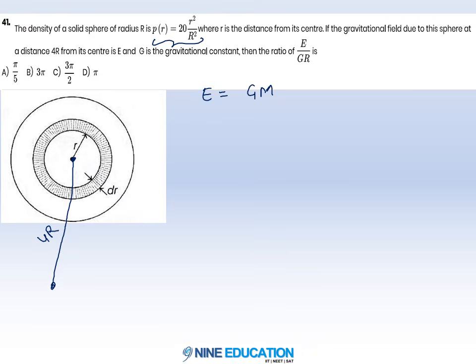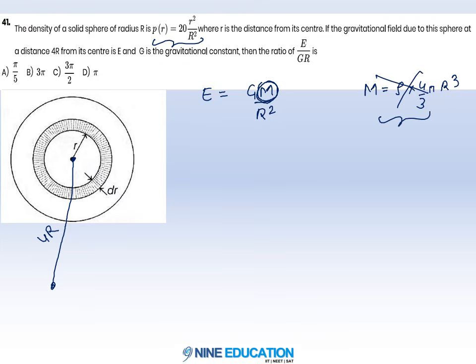So since we know the field is GM by r square, I'm taking the magnitude. But mass is not given. So how can we find mass? Mass is density into volume, rho into 4 upon 3 pi r cube. Why can we not find it like this?